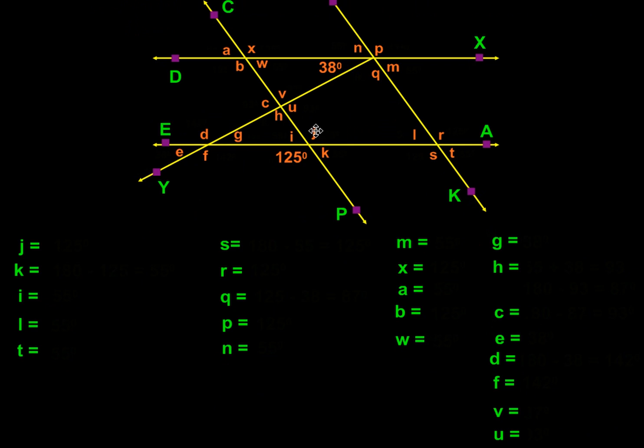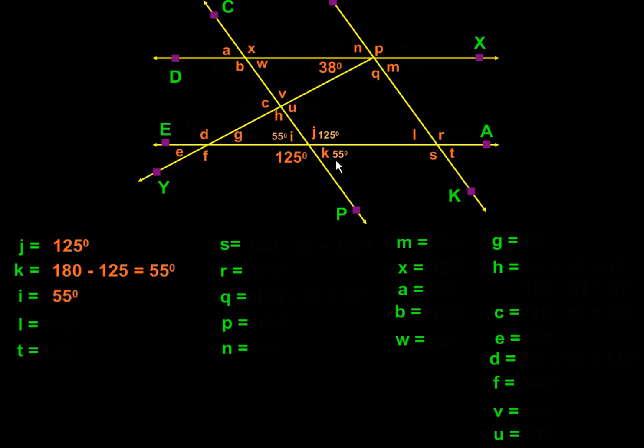And I started with J because I know that J is a vertical angle to 125. And so it's going to have a congruent measurement. K is going to be 125 from 180, which gives me 55. I is a vertical angle to K, so that would also be 55.